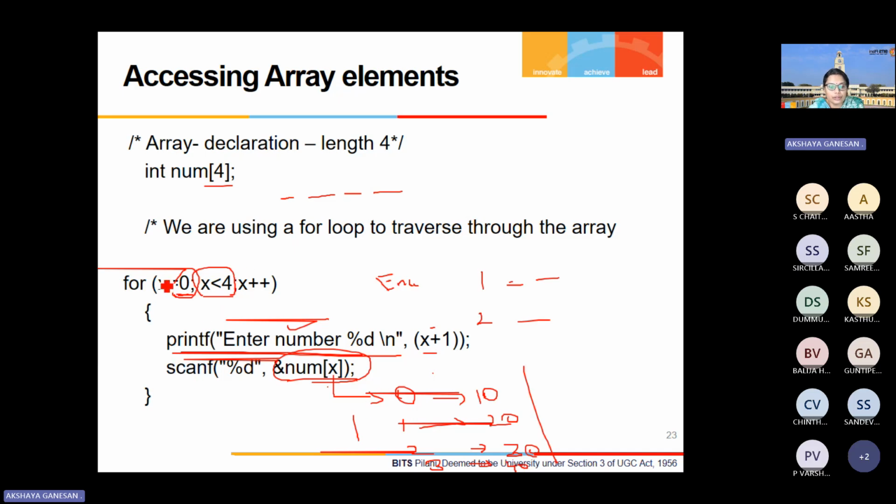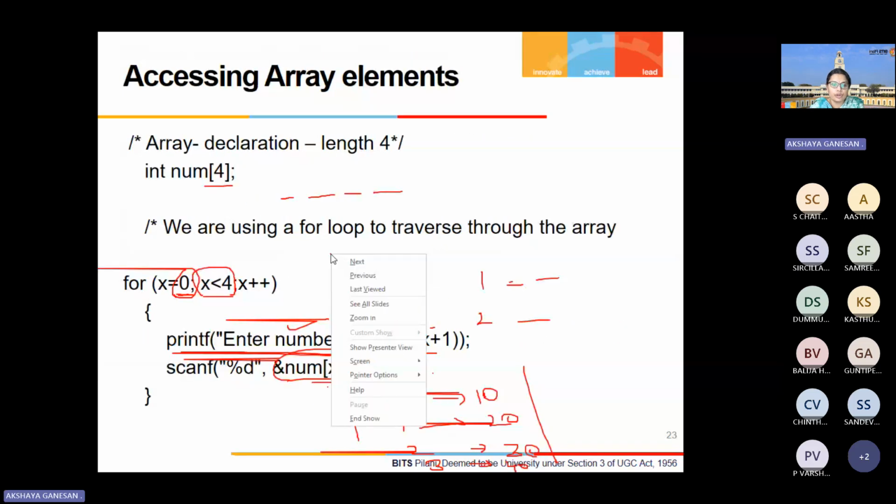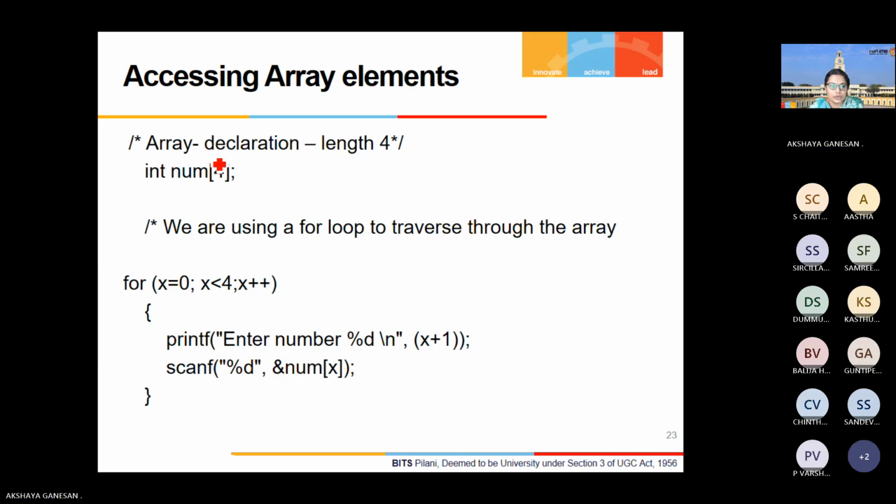And if I want to print it, how do I print it? Say I have an array of n numbers stored in num of 4 and I want to print it. So the same loop I will do, printf. There will be no scanf. I'll just print the number is, and I have to just read the number, num of what?